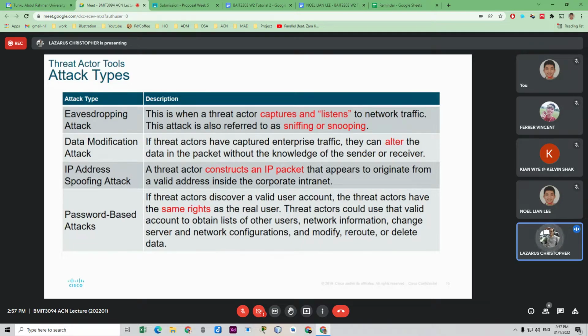So obtain a list of other users, what is the network topology, change the server network config, modify, reroute, or delete data, things like that. Then when you're doing forensics, you see as if the real user is the one doing it, but actually the real user's login info, the password, was already stolen or already cracked, right? To hide the real attacker.